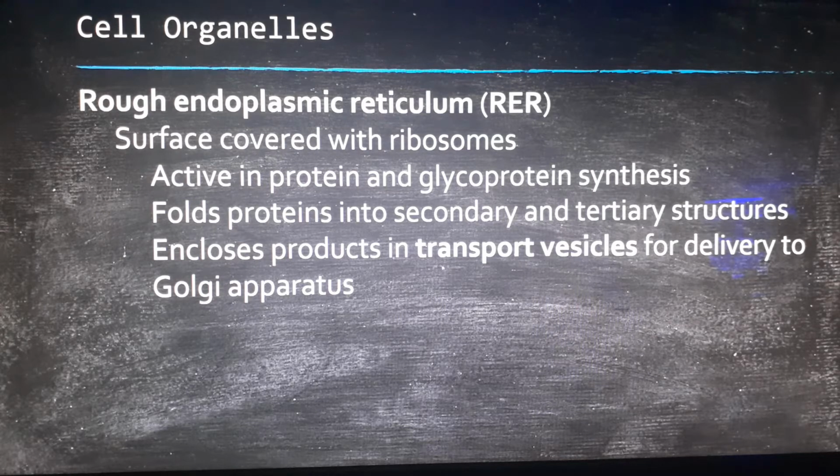So anytime you make a bubble out of a membrane inside a cell, it's called a vesicle. And unless we tell you what the vesicle is doing or what's in the vesicle, you really couldn't tell a difference. Okay, so we have to give you a little bit more information about the vesicles. This one is a transport vesicle because it's transporting from the rough ER over to the Golgi apparatus.